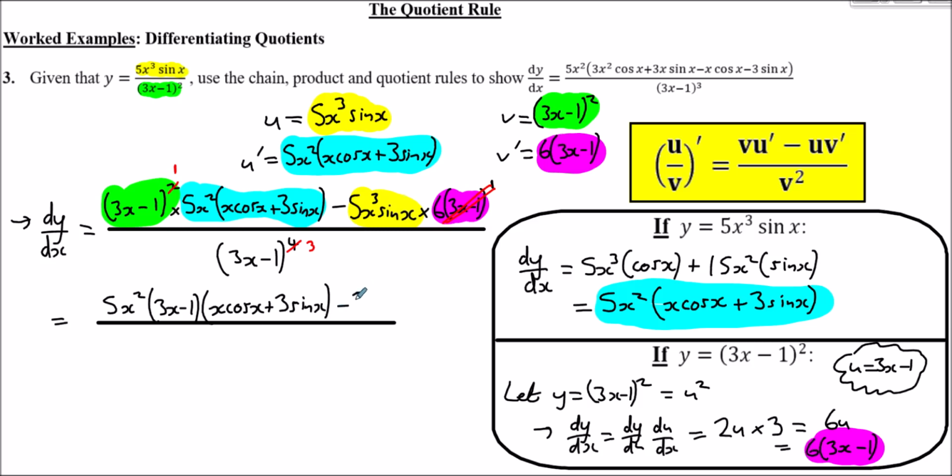So I've got minus 5x squared, extend this fraction line slightly, and then in brackets I'm just going to put 6 the other x sine x. All over now is going to be 3x minus 1 cubed.